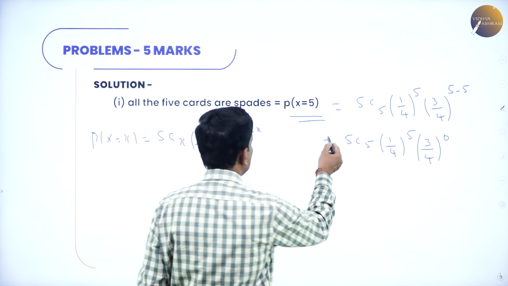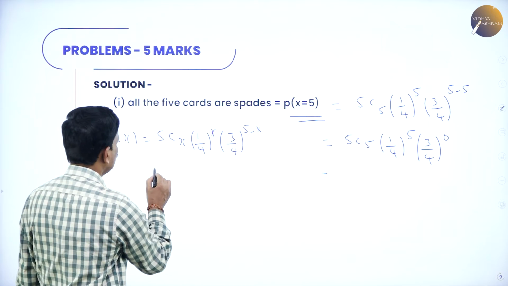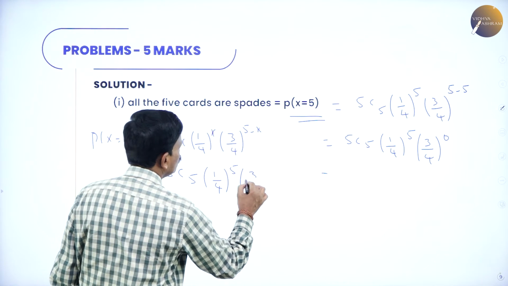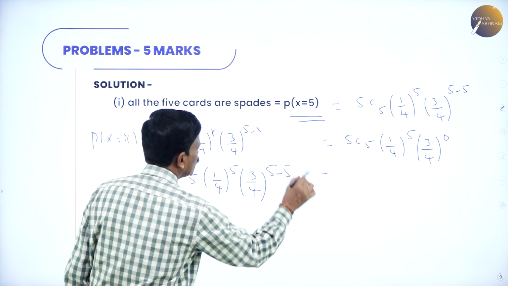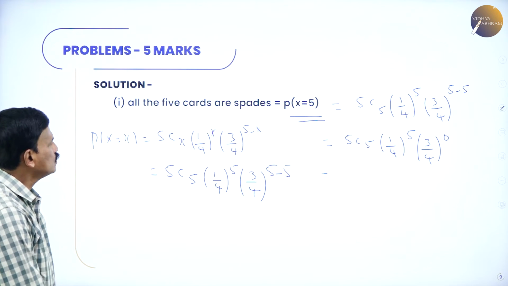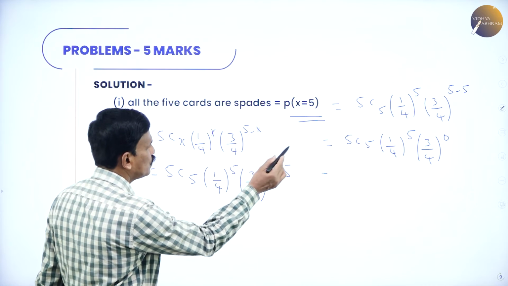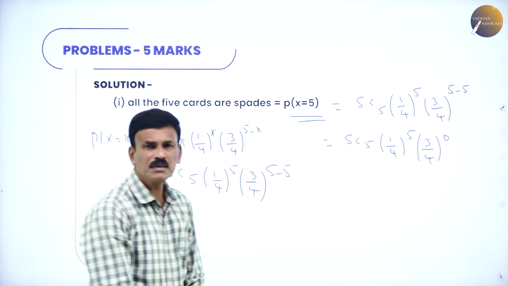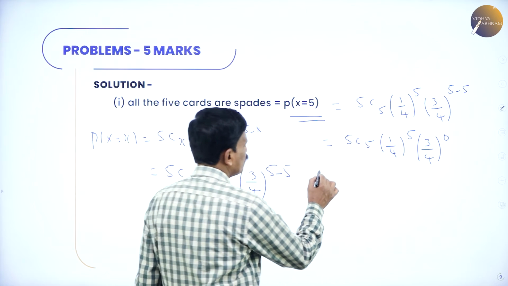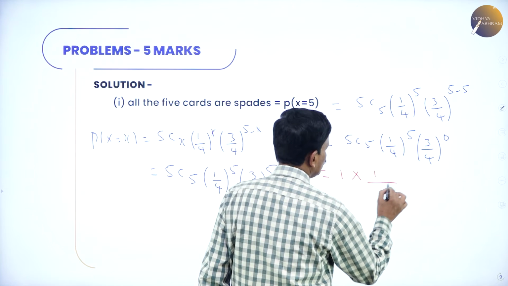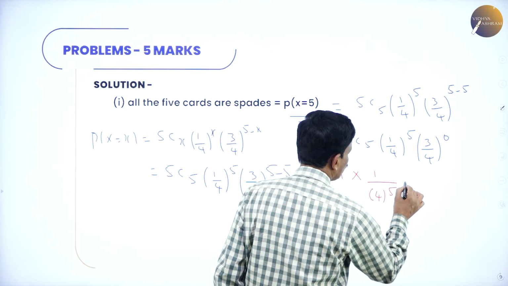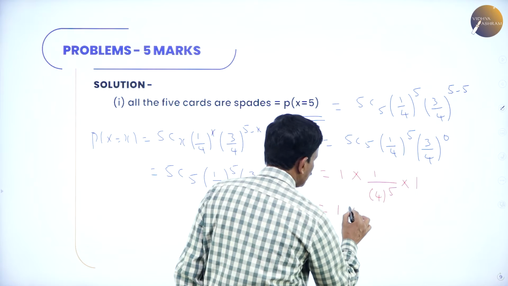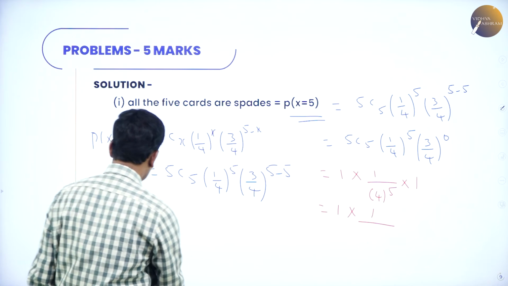Put x is equal to 5, you will get 5C5 1 by 4 to the power of 5 into 3 by 4 to the power of 5 minus 5, which is 0. Now let me simplify this. 5C5 is 1. This is 1 divided by 4 to the power of 5 into 3 by 4 to the power of 0, which is 1. Now this is 1 into 1 divided by 4 to the power of 5.